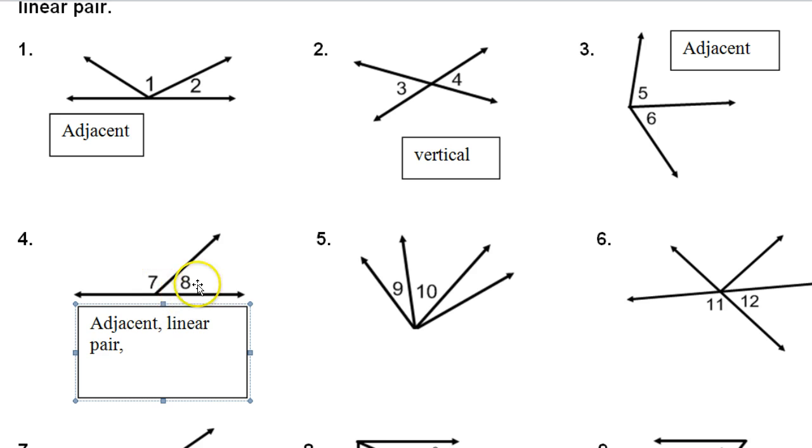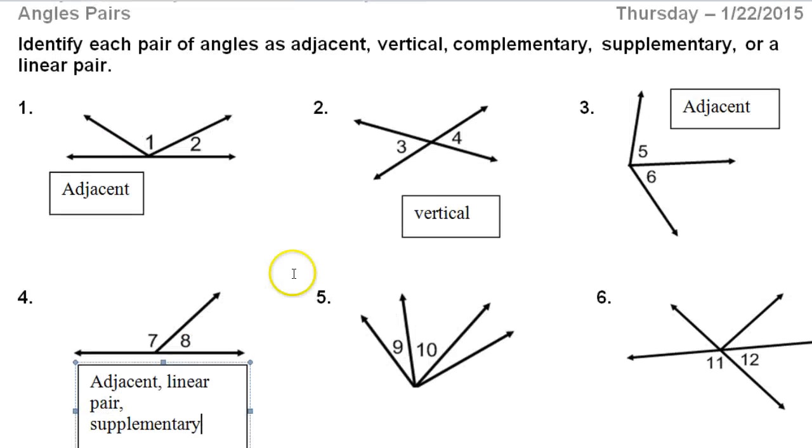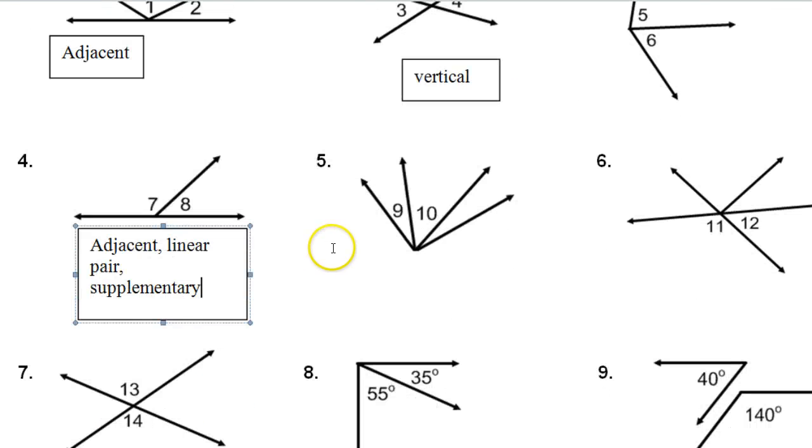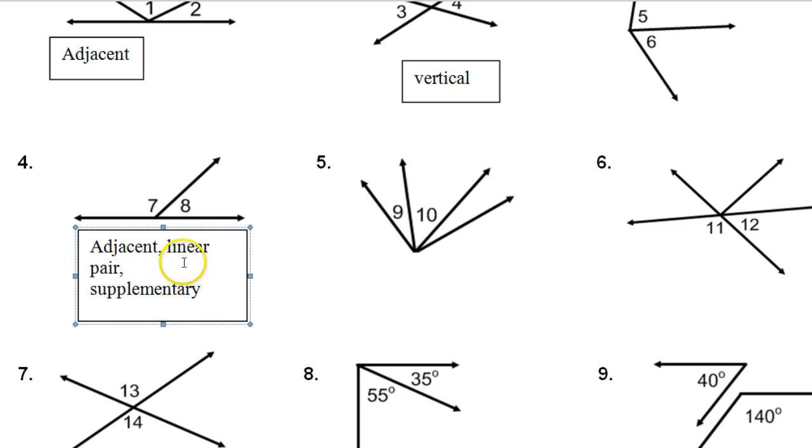And a linear pair is always going to be supplementary. They add up to 180 degrees when it makes a straight line. So I think that's all we have: adjacent, supplementary, linear pair. These 3 will always go together. If you have a linear pair, it's always going to be adjacent and supplementary.